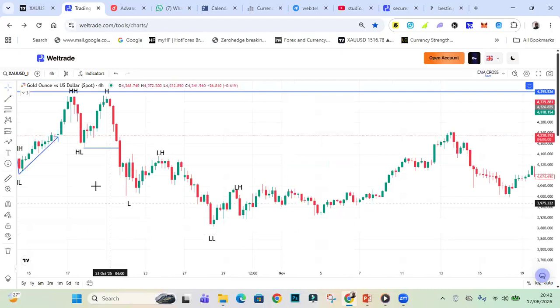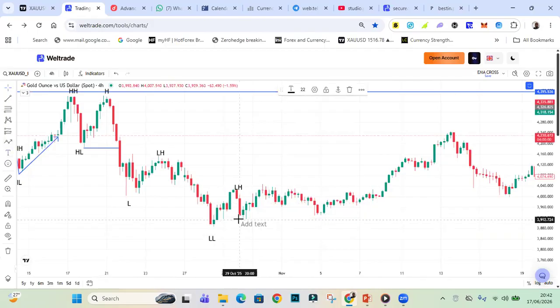So you want to say this is now a higher low. And this high has taken out this high. So this one becomes a higher high.